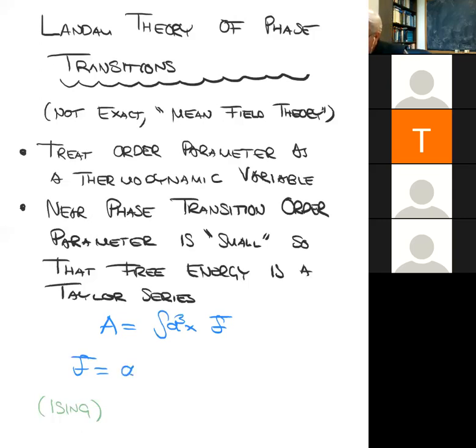So it has a term like alpha m squared, and a term beta m to the 4, and in principle many, many other terms. Again, the free energy in the absence of a magnetic field is even in m, but if you couple it to an external field, then there will be terms that are odd. In particular, the coupling to the field itself is just h times m. So this is the external field.